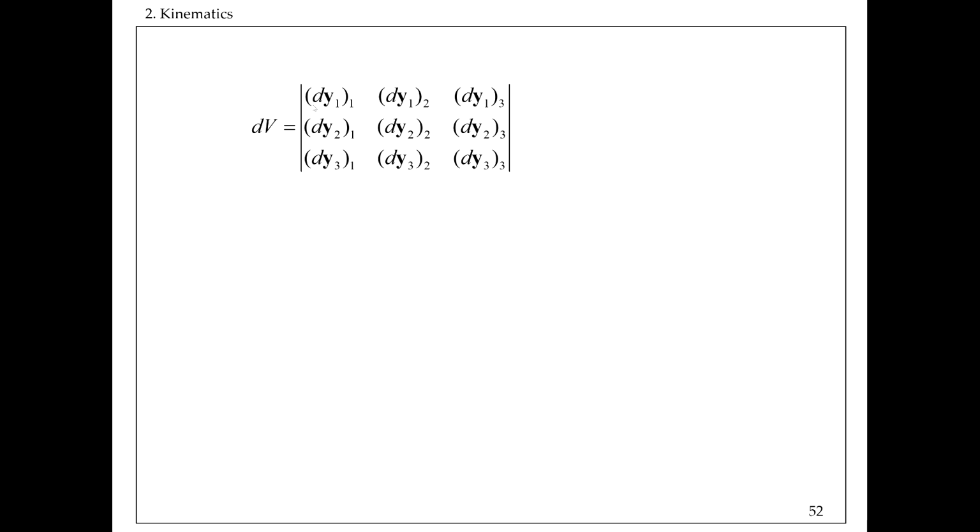So what do we have here? The first row is the components of our vector dy1: component 1 of that vector, component 2, and component 3. The second row is the components of the vector dy2.